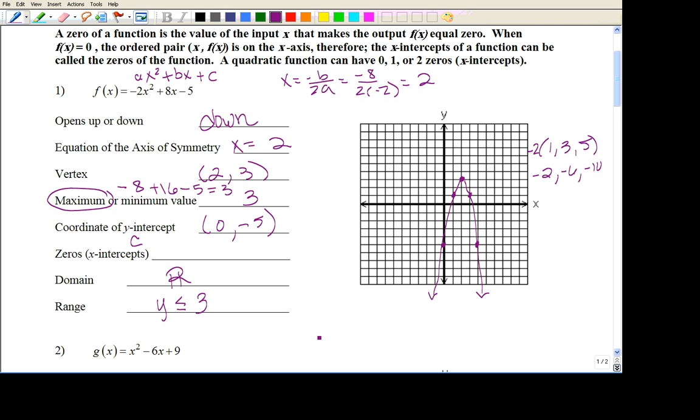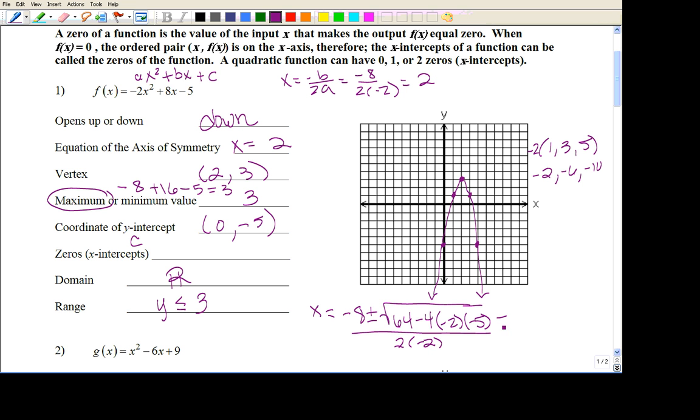So let's go ahead and use the quadratic formula. So remember that's x equals negative b, so we'll have negative 8 plus or minus the square root of b squared, so 8 squared is 64, minus 4 times a, which is negative 2, times c, so minus 4ac, all over 2 times a, which is negative 2.